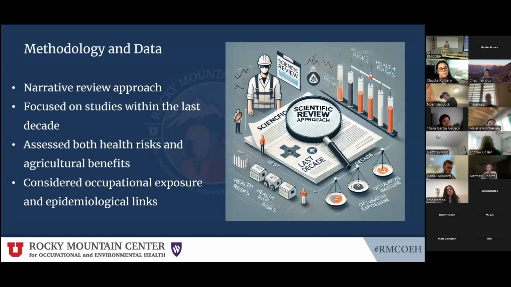The study incorporated epidemiological data, occupational exposure levels, as well as regulatory frameworks to ensure a comprehensive analysis. Additionally, it examined the global regulatory landscape to understand the inconsistencies in risk assessment between different agencies.